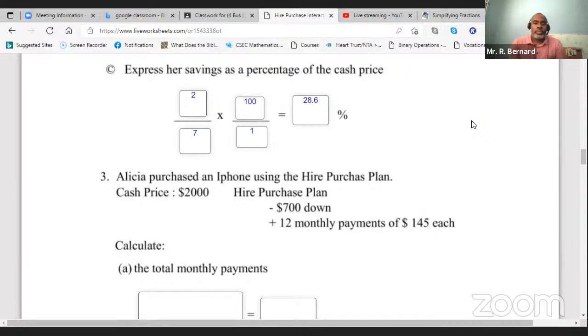Now, on Friday, I will be discussing the SBA as well, either Friday or Monday. Mondays are our meeting days. I think the exam is pretty soon. I'm not sure if the school has changed the date. We're not aware of the new date as yet.